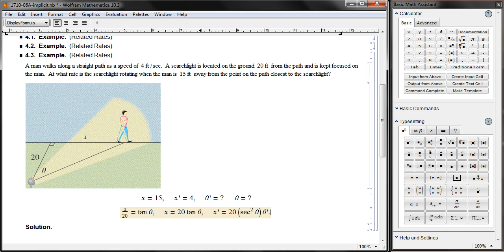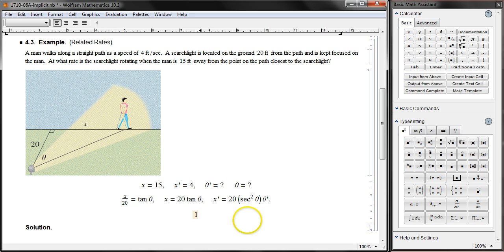Now we are ready. We have equation number 1 and equation number 2, and we put some numbers in. X is 15, x prime is 4, and we have two equations, two unknowns. Eventually we are looking for theta prime, but we may need this one in the end. So let's do it.